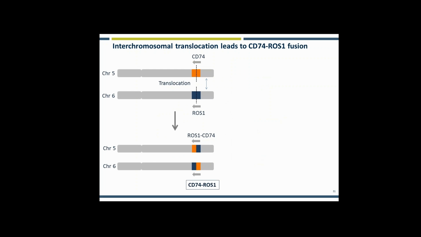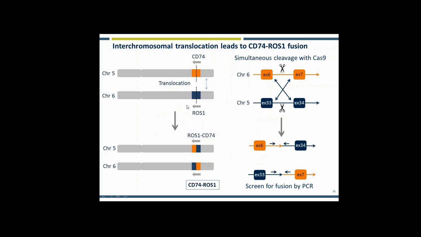So the way in which we did this was to design a guide at the breakpoints that we wish to introduce and at the sites of translocation. And you can see a schematic of that here. And further to this, we then designed primer pairs such that we could screen for clones in which the translocation had occurred.